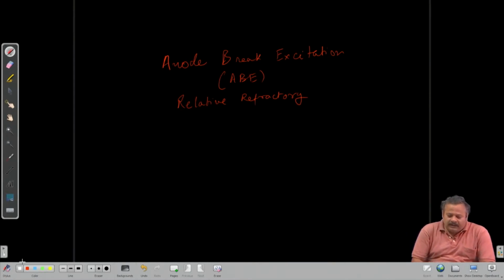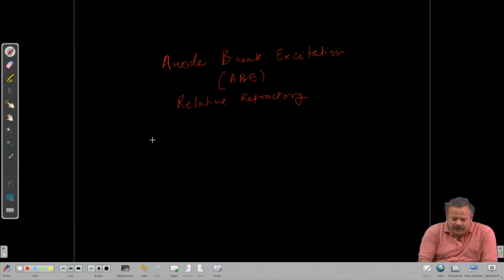Then if we stop the negative current, following that stopping, there is an excitation that causes action potentials after the end of the hyperpolarizing current.